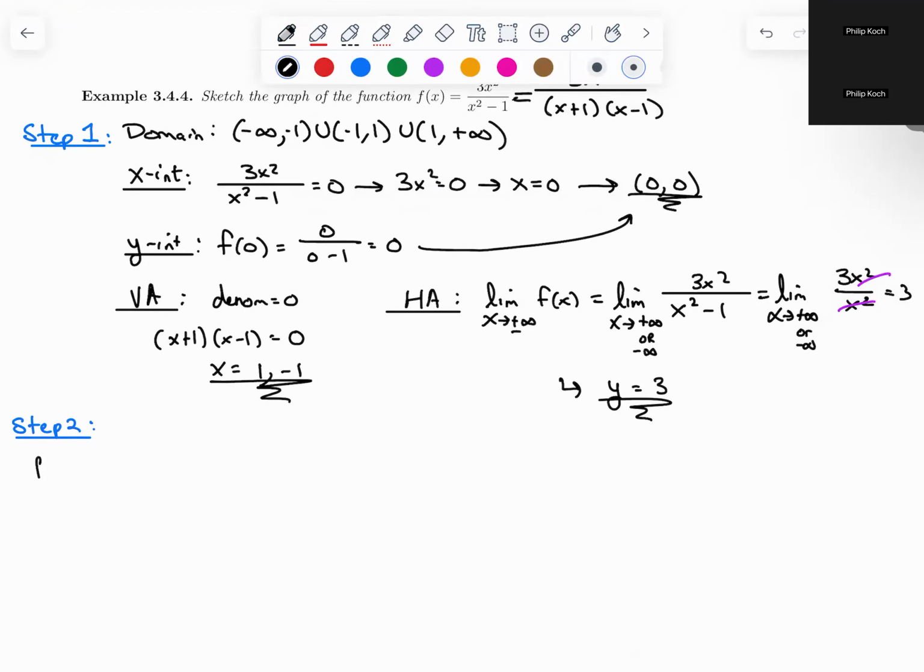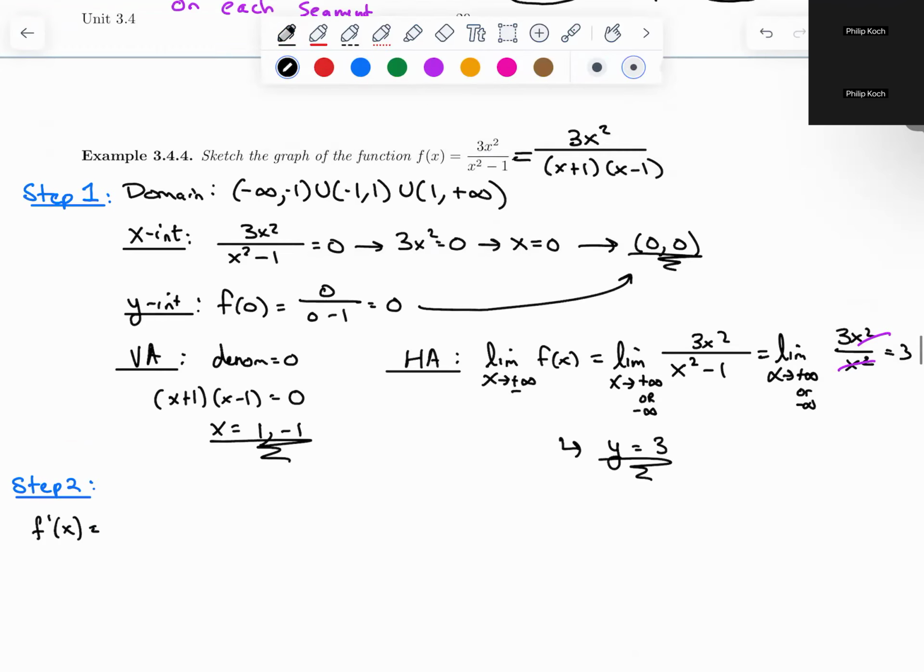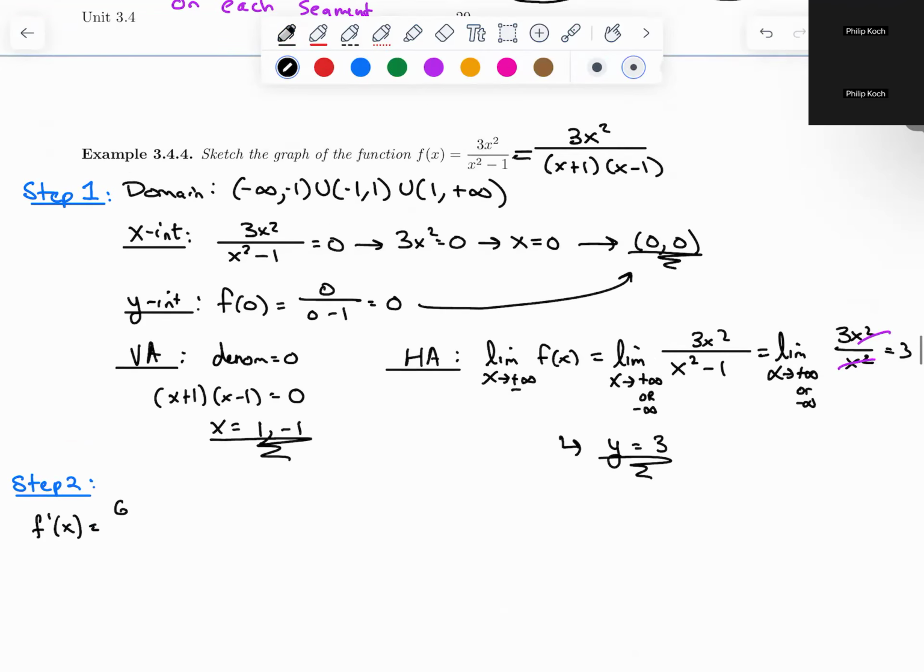All right, well, f prime of x is f prime g minus g prime f. So that's 6x times x squared minus 1 minus 2x times 3x squared, all divided by x squared minus 1 squared.